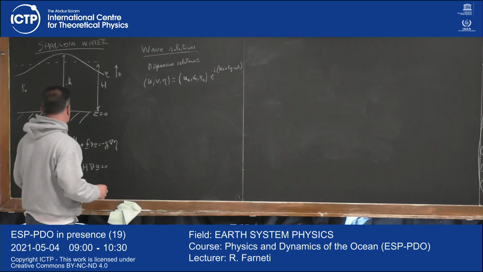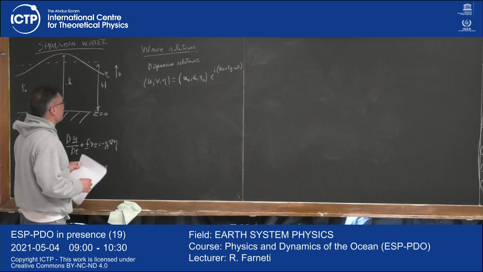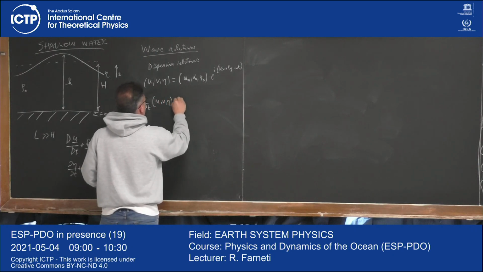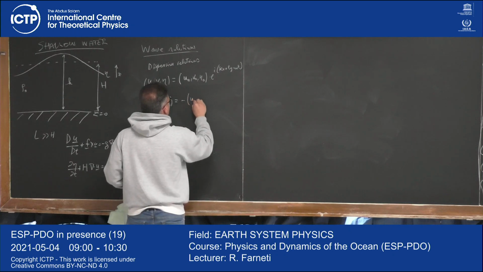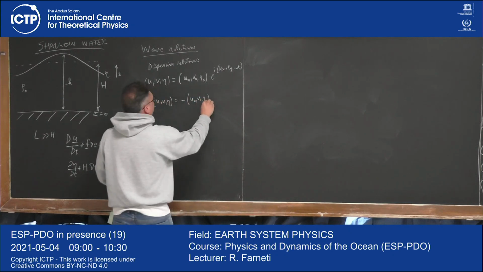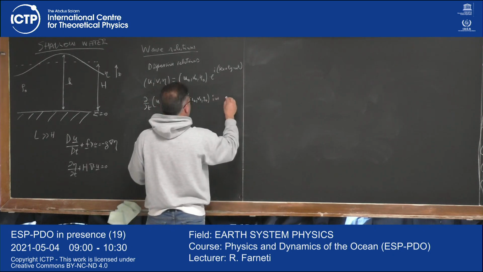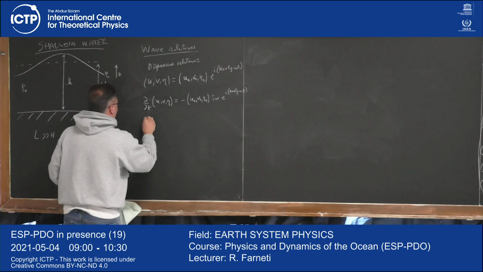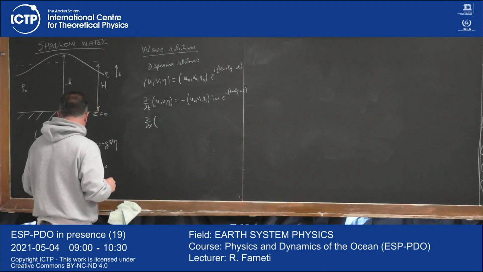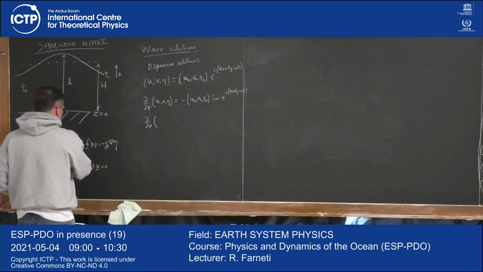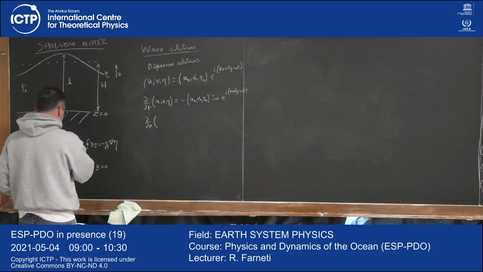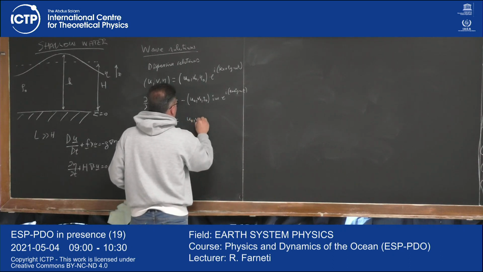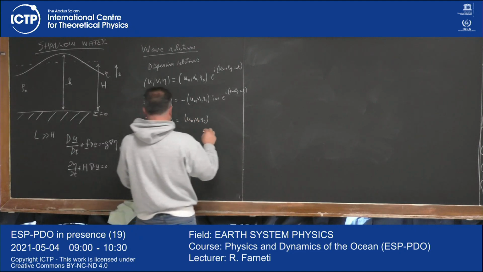Okay, so we're going to have some d by dt, d by dx, and d by dy. All the d by dt of u, v, and eta are going to be minus i omega times u naught, v naught, eta naught, times e to the i(kx plus ly minus omega t). Then the d by dx of u, v, and eta are going to be u naught, v naught, eta naught times ik.